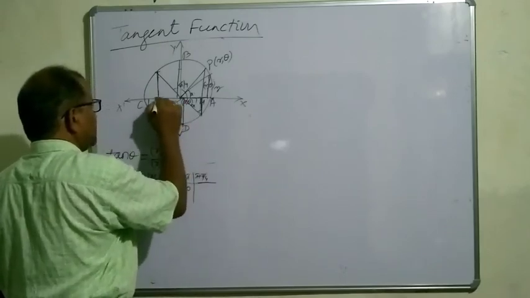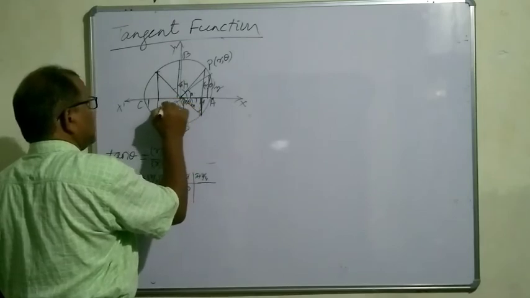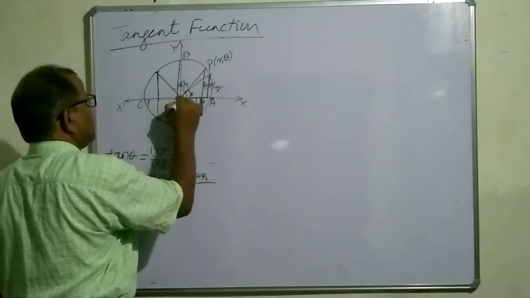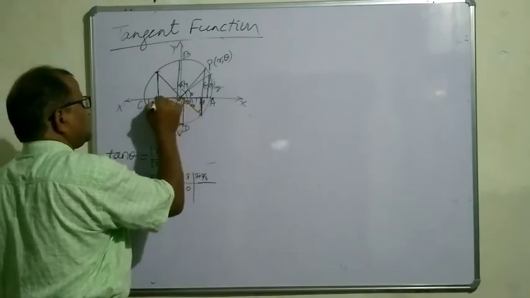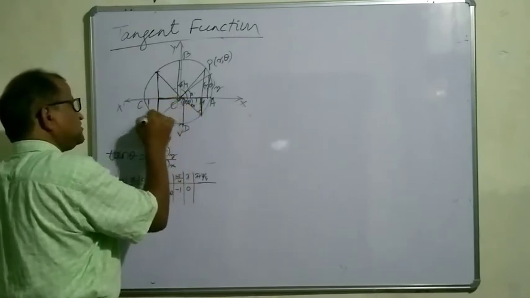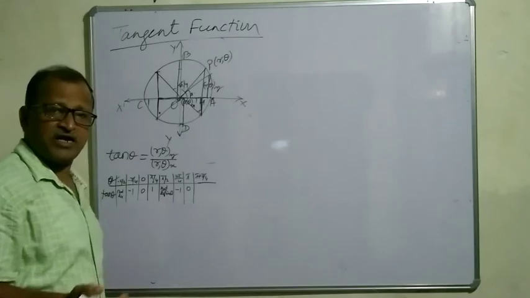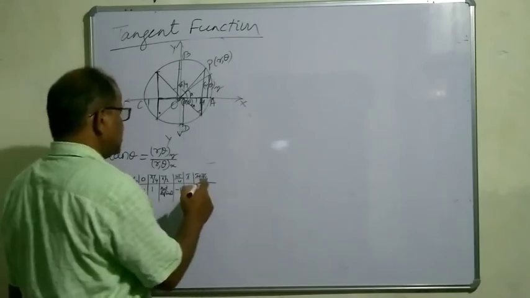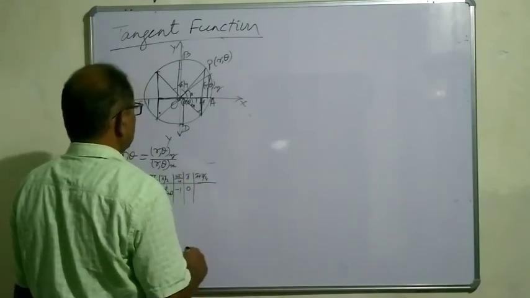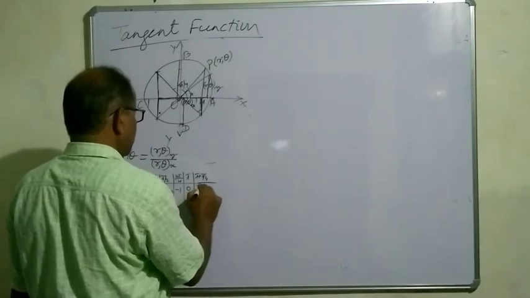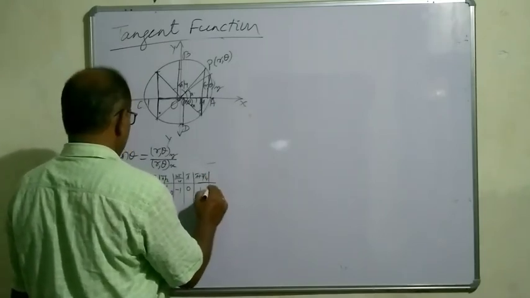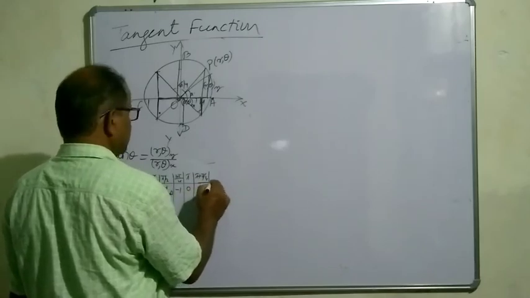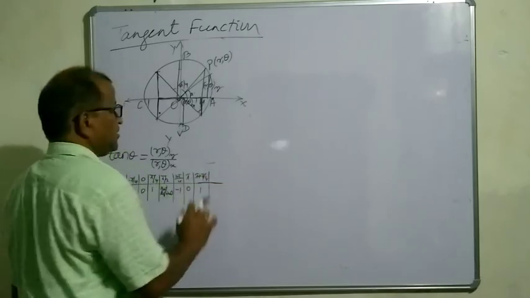Pi plus pi by 4 means this angle is pi by 4, and this is equal to this numerically, but this is negative, this is also negative. Negative by negative it will be positive, so its value will be plus 1 here, right? So again at minus pi by 2 it will be infinity.